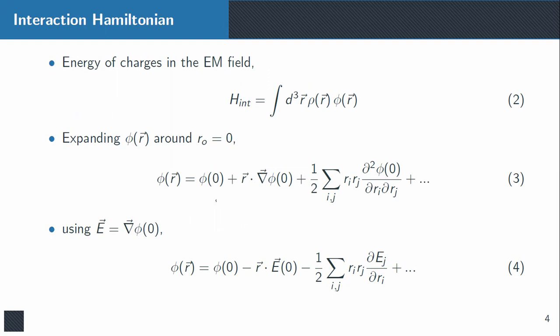So we consider a charge distribution in a certain volume of space, and we consider a field interacting with this charge distribution. From electromagnetic theory, we can write the energy associated with the charge density in an external field, and it is just the volume integral of the charge distribution with the scalar potential associated with that field.